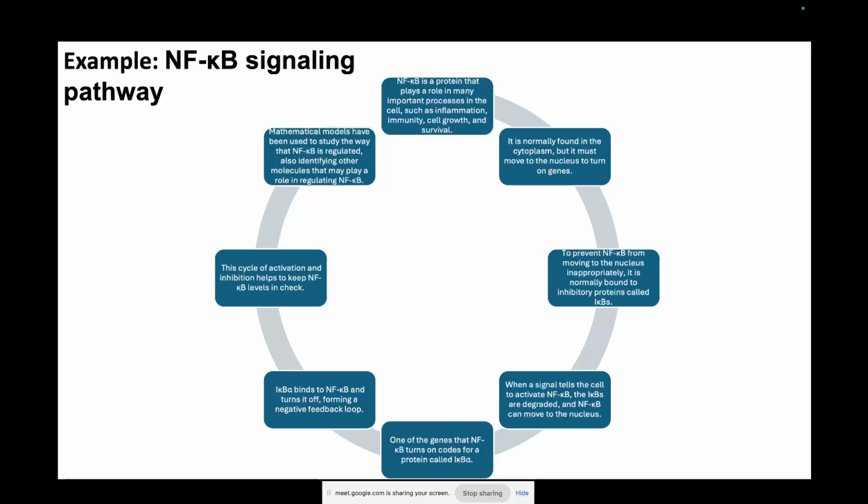I-kappa B is a gene that is turned on by NF-kappa B itself. So there is always a level of equilibrium between NF-kappa B and I-kappa B, which forms a negative feedback loop. The cycle of activation and inhibition helps keep NF-kappa B levels in check. So how do you study this phenomenon using mathematical models?